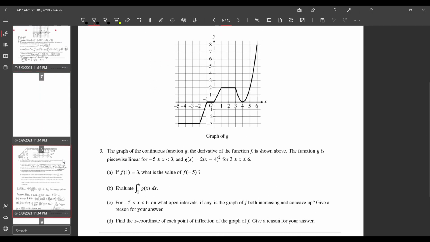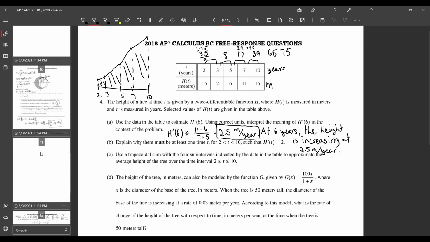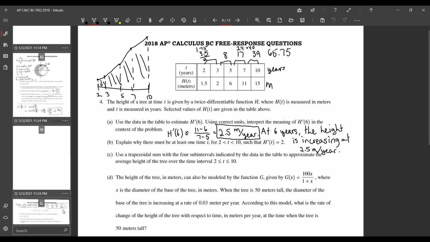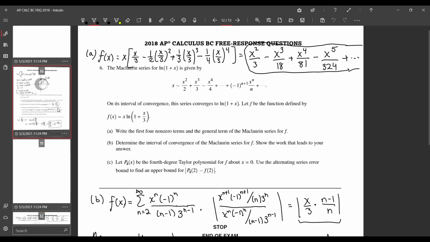But they're pretty standard. I remember there's going to be a part where you have to do numerical integration. Usually there's a question about Maclaurin and Taylor series.